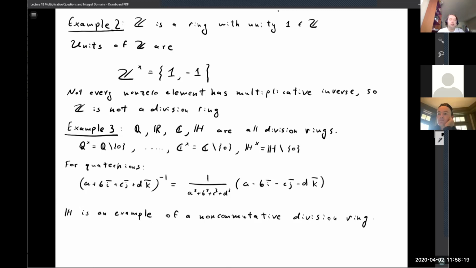And finally, let's look at example 4. So here the ring will be the ring of n by n matrices with real entries. So it is a ring with unity.